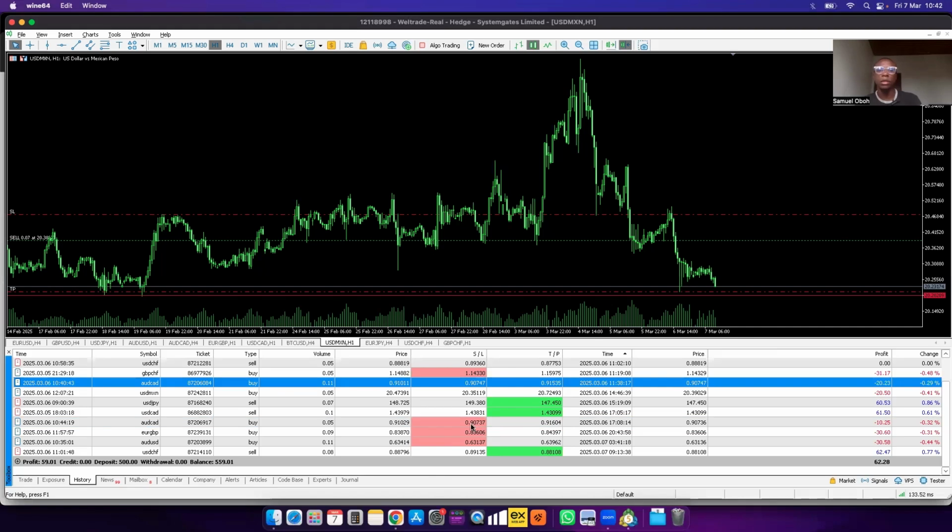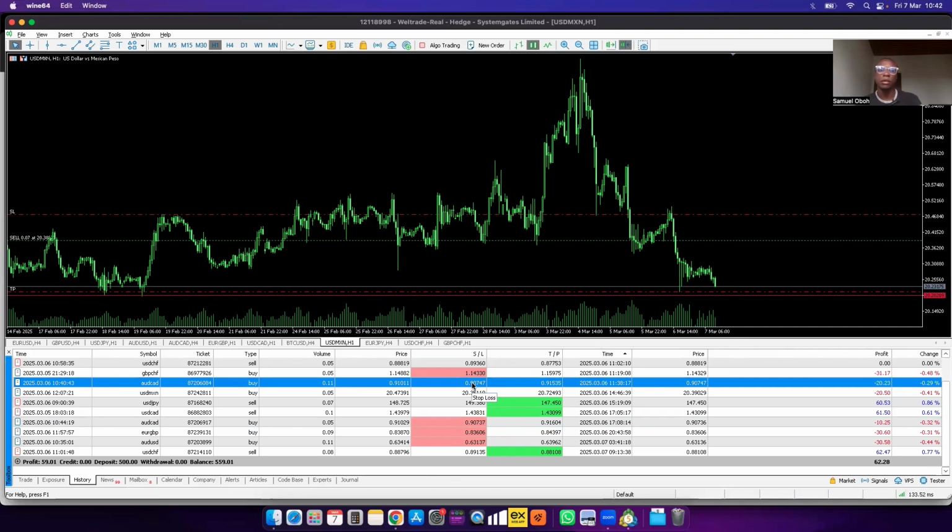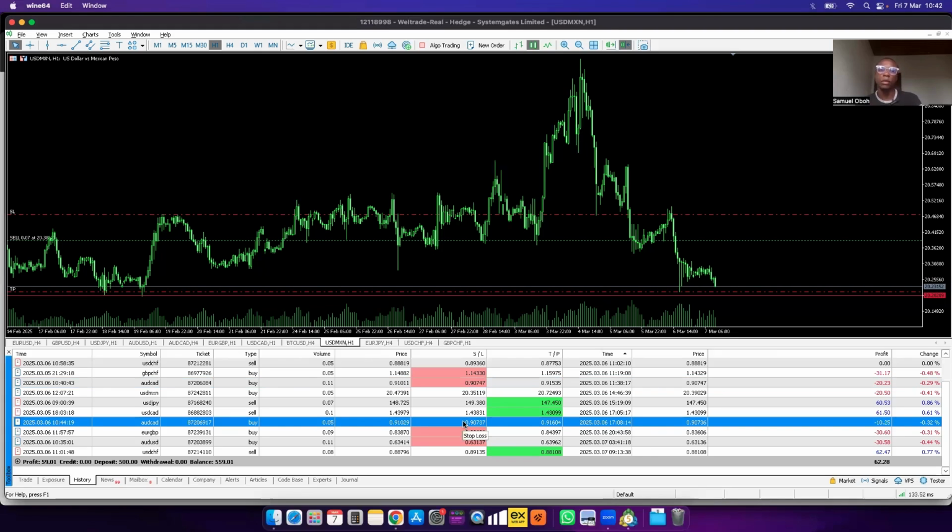On AUD CAD, I miscalculated and my stop loss ended up amounting to $20, so I opened another trade to make up for that, with a stop loss of $10 here. So 20 plus 10, that's 30.